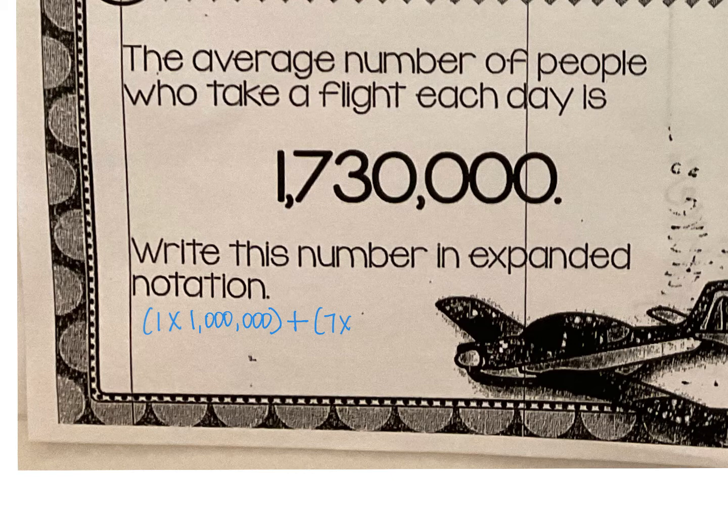What place is the 7 in, Ezra? 100,000. So 7 times 100,000 plus, what place is the 3 in, Jax? 10,000s place. Do I need to add those zeros? No, we already know that they're going to be there.